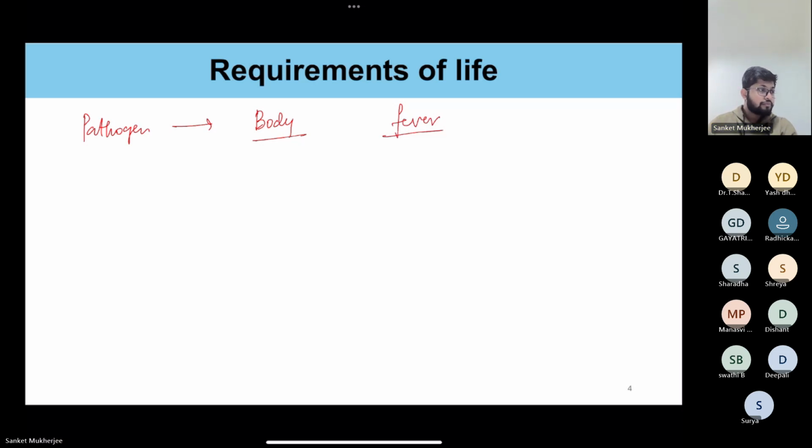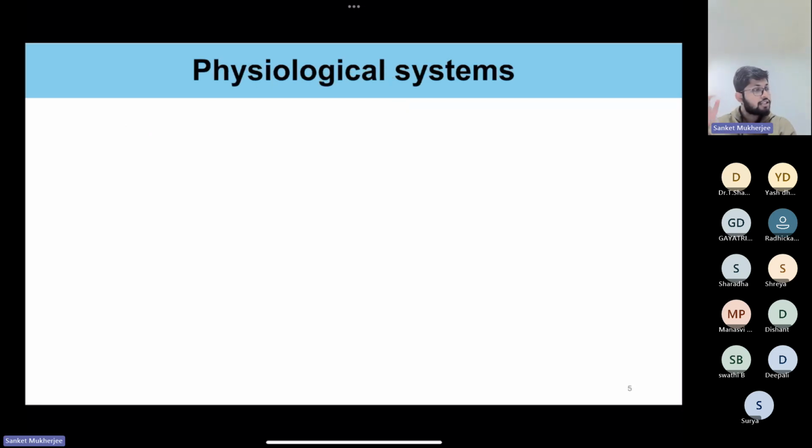Now talking about physiological systems, in terms of physiology, these all things have been discussed.